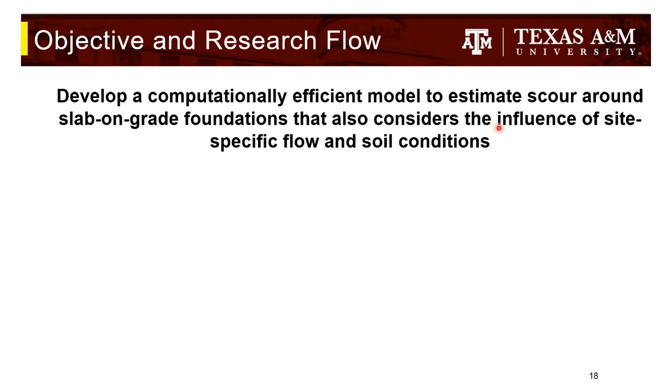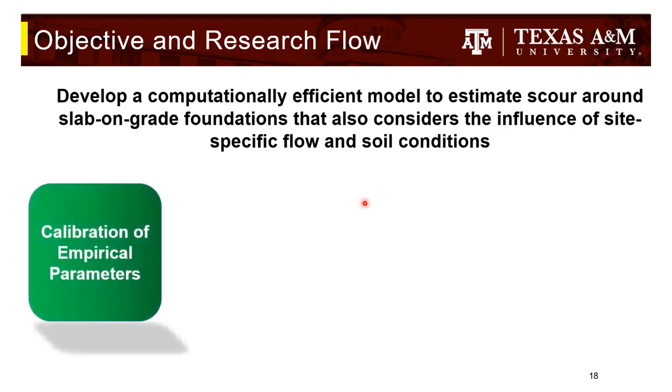And one important thing is that we are going away from the empirical relation and we are trying to understand based on the site-specific flow and soil conditions. So this is our overarching objective for the current study. And to move forward, task-wise, this is how we are proceeding in this study.